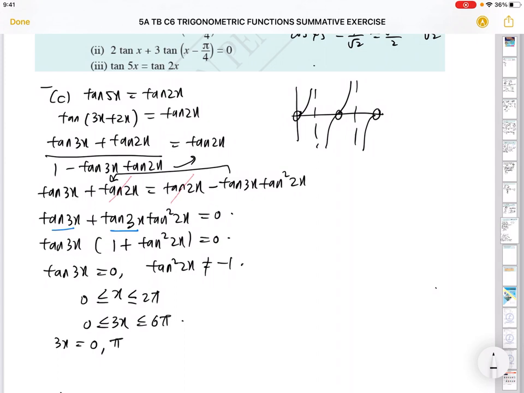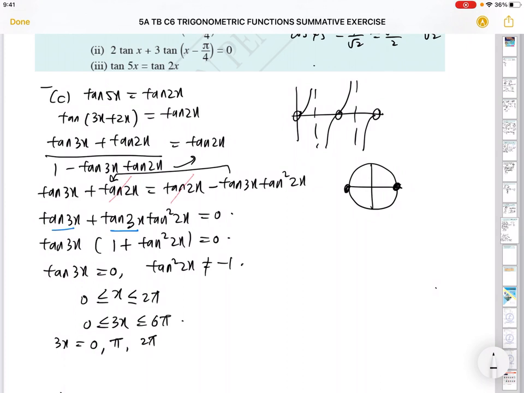Or you can think this way. You can use unit circle. Tangent is your y over x. Y over x is 0 here, here, then here, here. You keep going on and on, right? 0, pi, 2 pi, 3 pi, 4 pi, 5 pi, 6 pi, right? Okay. So with that, you divide by 3.